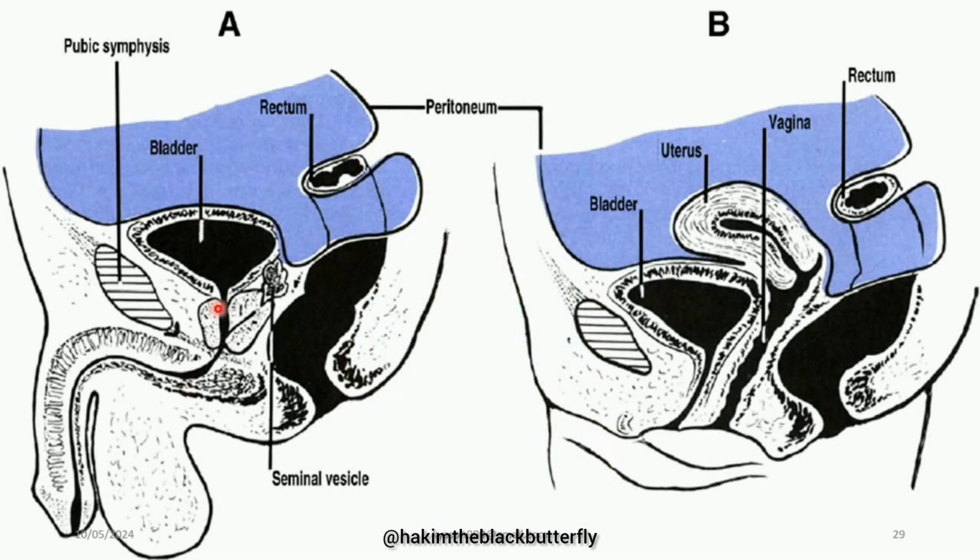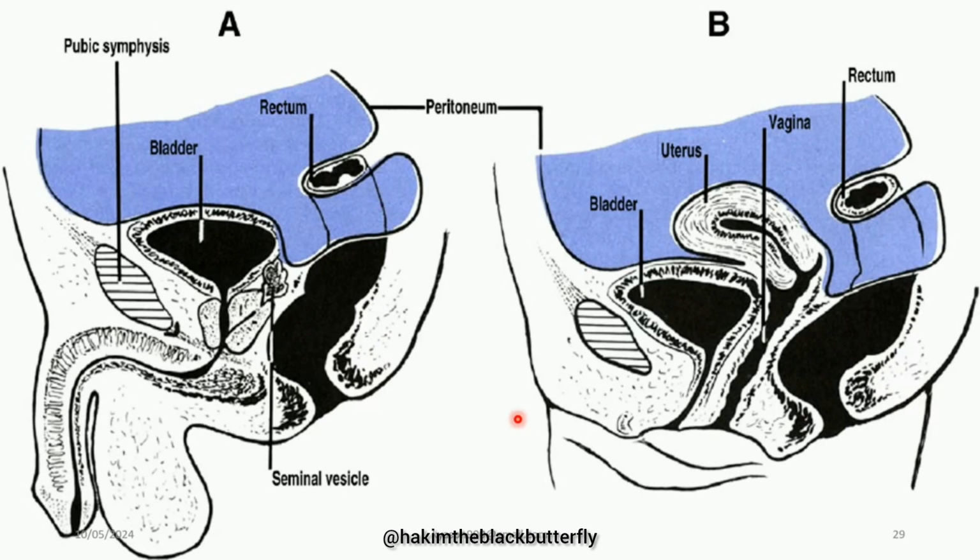In the male, the parietal peritoneum that is lining the inner aspect of the abdominal wall is going to extend down to line the superior surface of the urinary bladder, and then it will reflect onto the anterior and the lateral surfaces of the rectum.